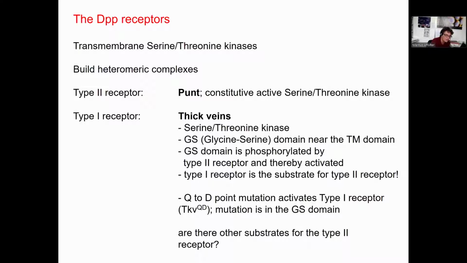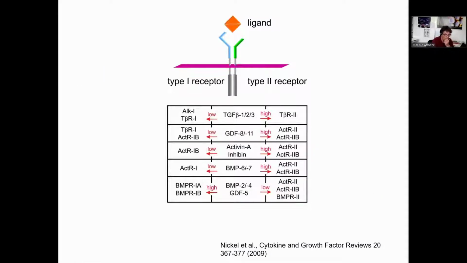You have to do that, let's say, using the GAL4 system, and we'll see how this is used. But this is a ligand-independent activated receptor. And if you want to show that gene A is activated by DPP, you want to show that it's also activated by this receptor, because then you have two independent evidences for this.